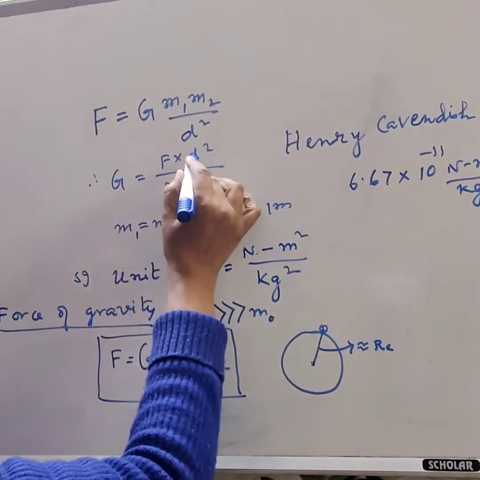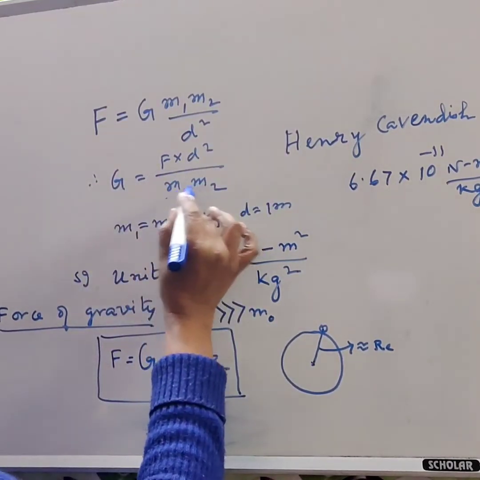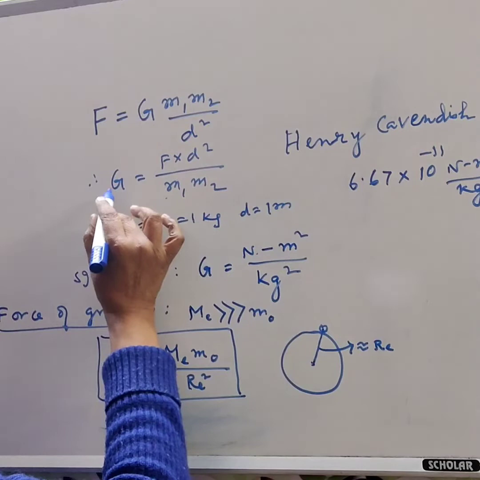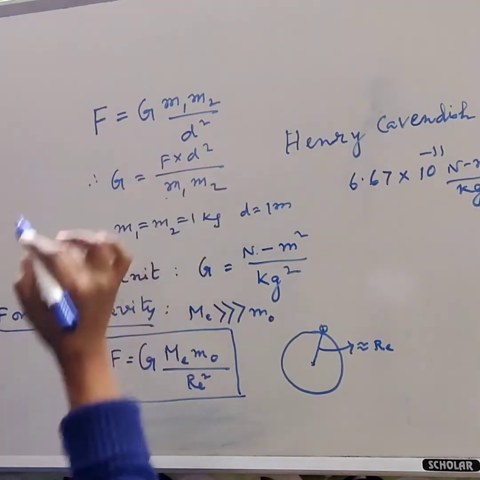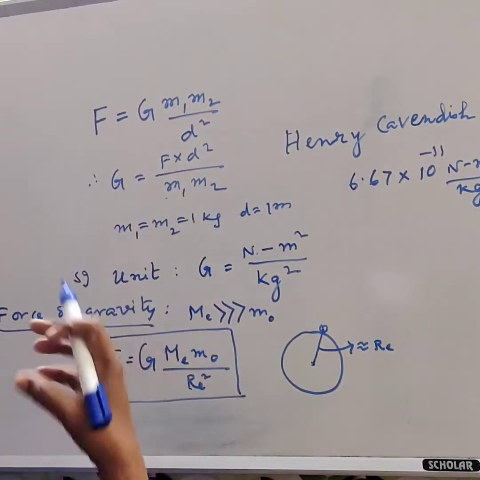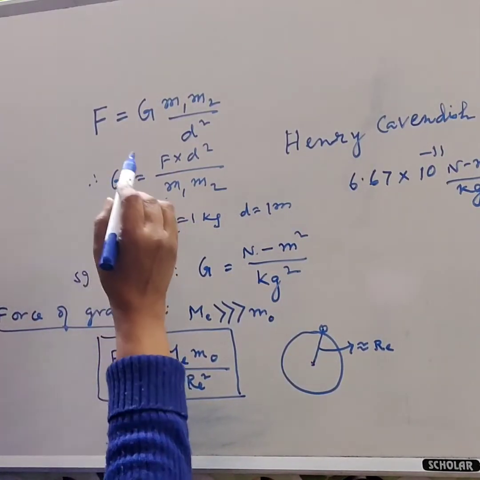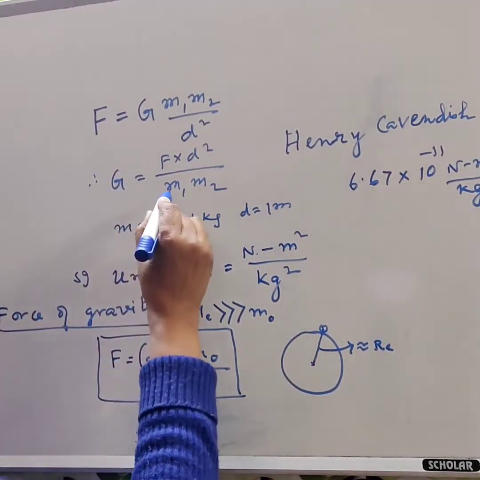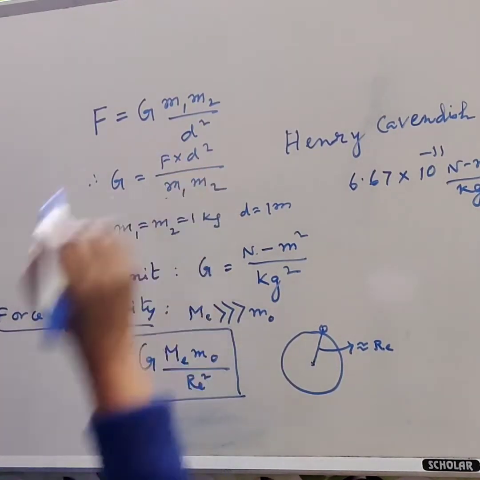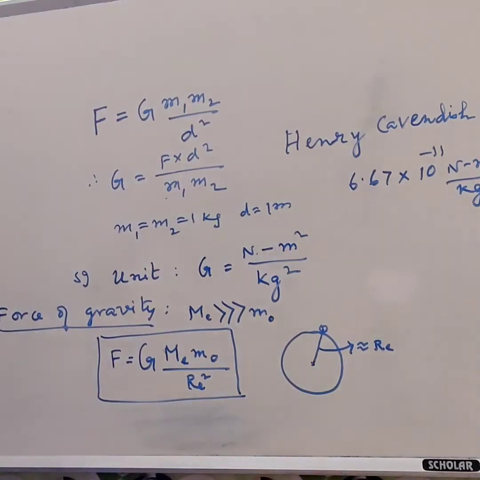So if d is equal to 1 and m1 and m2 are both equal to 1, then G will be mathematically equal to F. So we can define in words that capital G is equal to the force of gravitation between two objects of mass 1 kg which are separated by a distance of 1 meter.